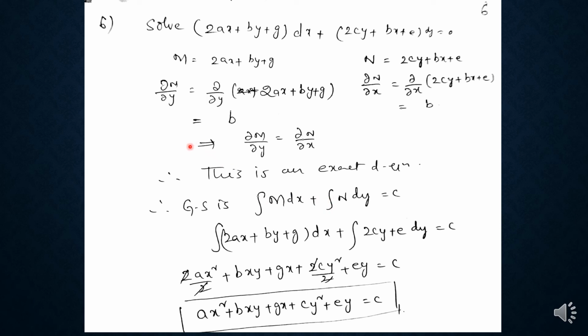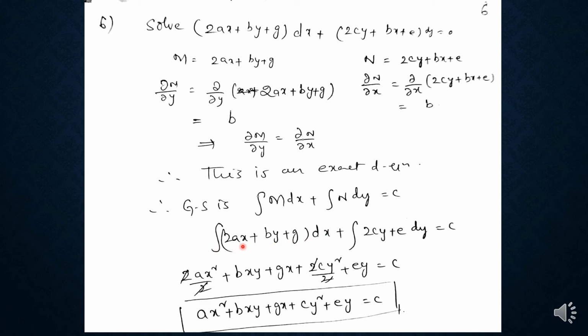And what is here M? M is equal to 2ax plus by plus g. And what is N? The terms should be free from x. So 2cy is the y term and bx is the x term. We should eliminate the term bx and take 2cy plus e as N. That is integral 2cy plus e dy is equal to c. While integrating with respect to x, y will be treated as constant.